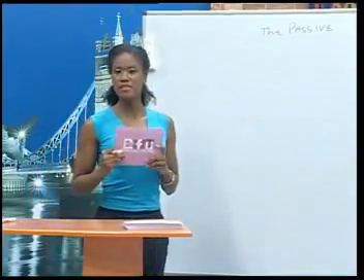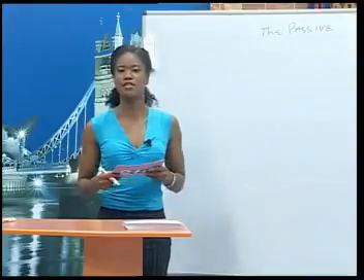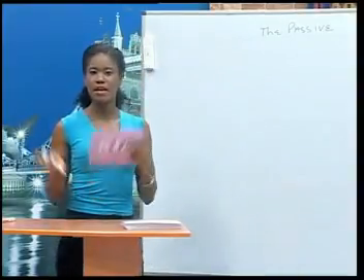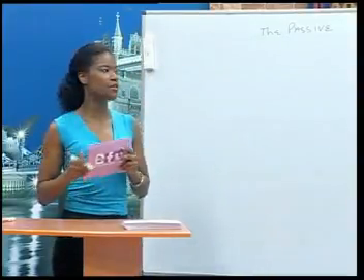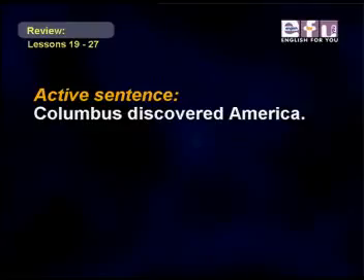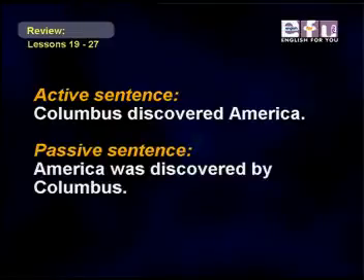Okay, let's look at some sentences that show us the difference between an active sentence and a passive sentence. Take a look. Active sentence. Columbus discovered America. Now in the passive sentence, the person receiving the action will now be the subject. So now, passive sentence, America was discovered by Columbus.